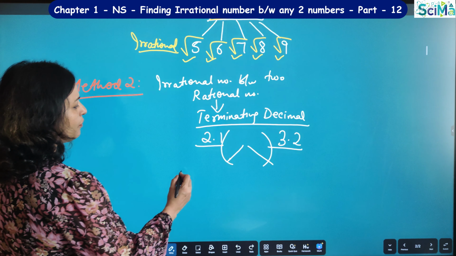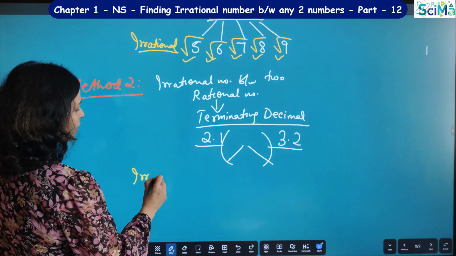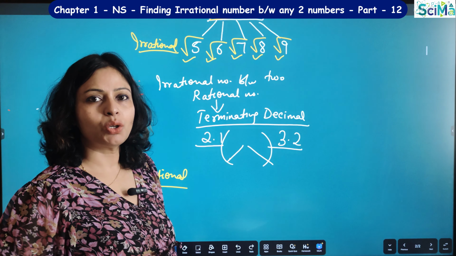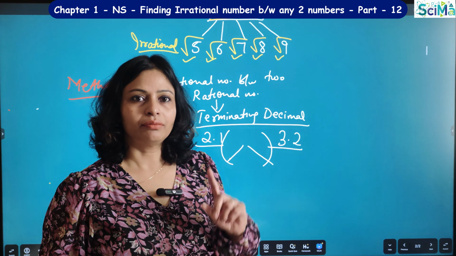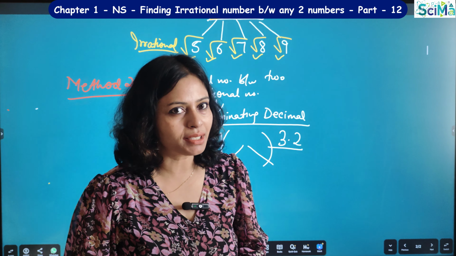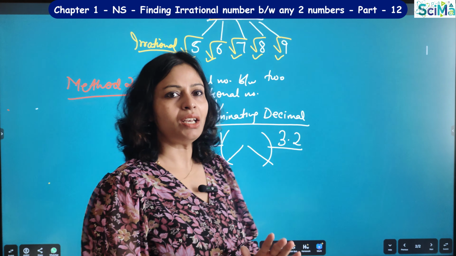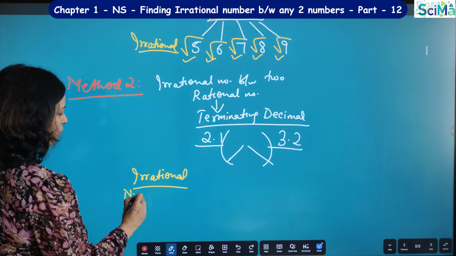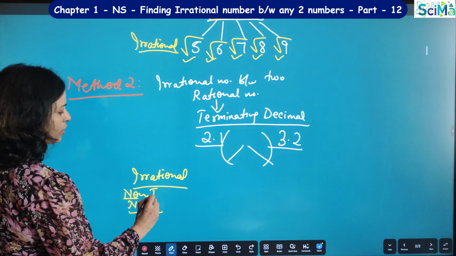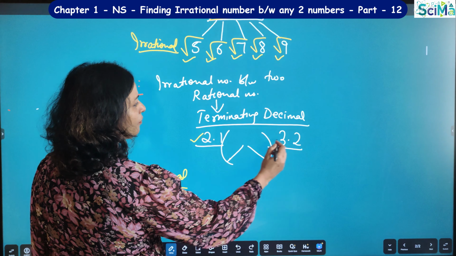Remember, go back to the previous video and you will see that irrational numbers are non-terminating and non-repeating. Now, these are terminating.